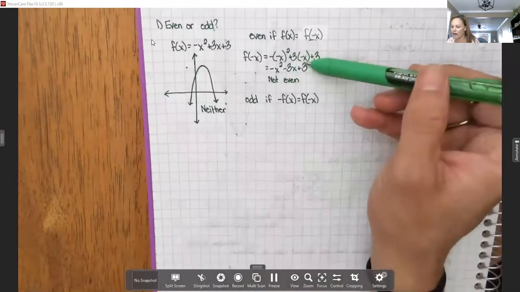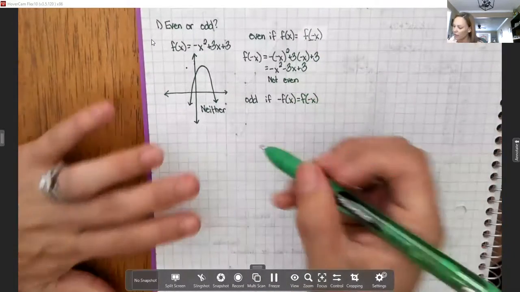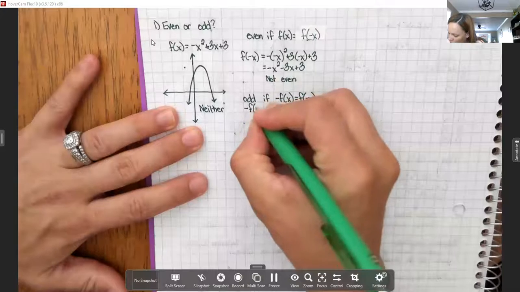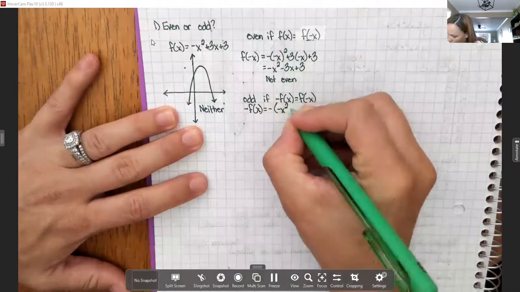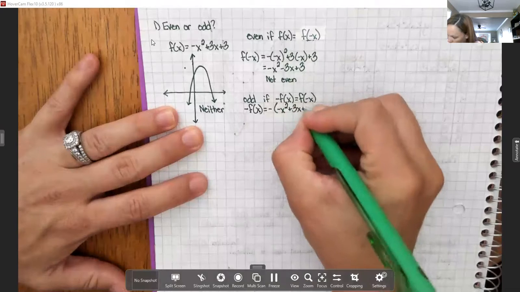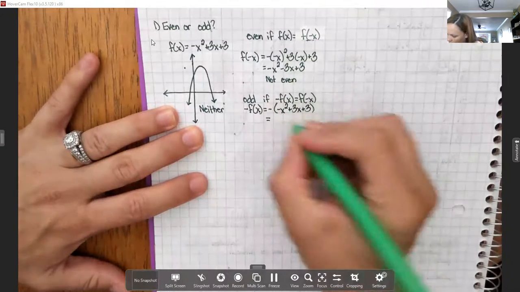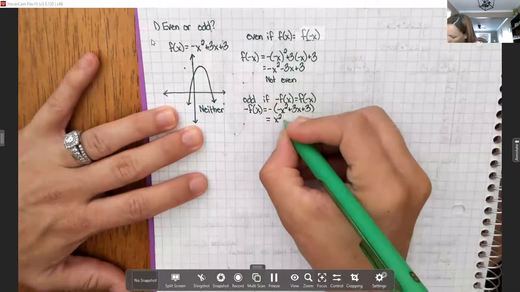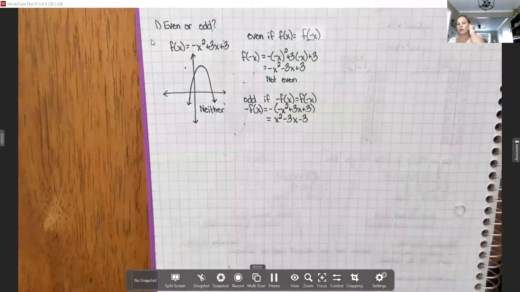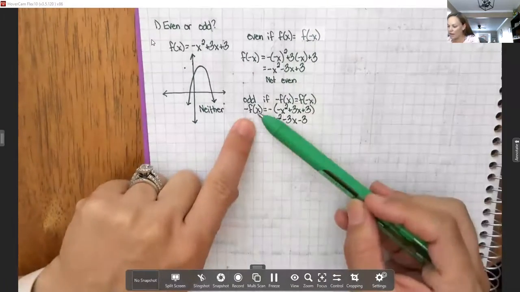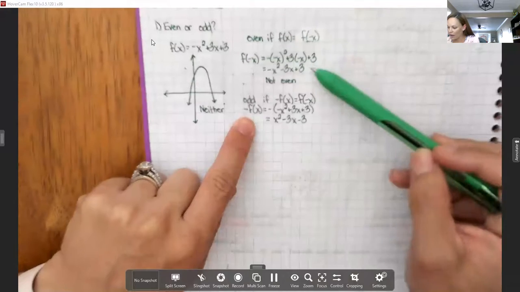We just did f of negative x. Now we have to do negative f of x. Remember, that's you put a negative in front of the whole entire thing and switch all of your signs. Basically distribute that negative. So we get positive x squared minus 3x minus 3. So here we're checking, does negative f of x equal f of negative x?